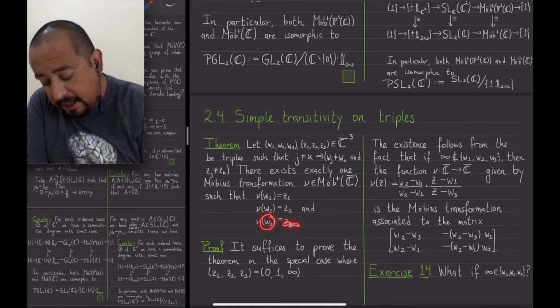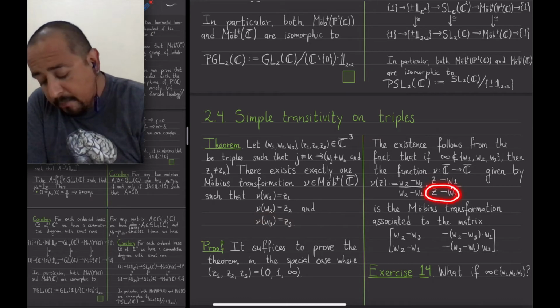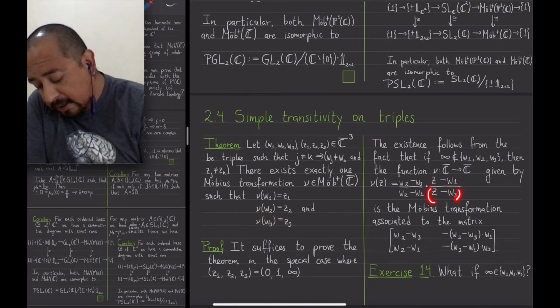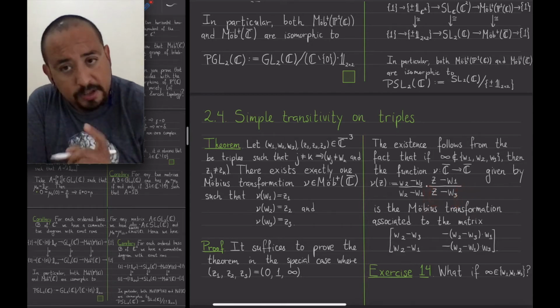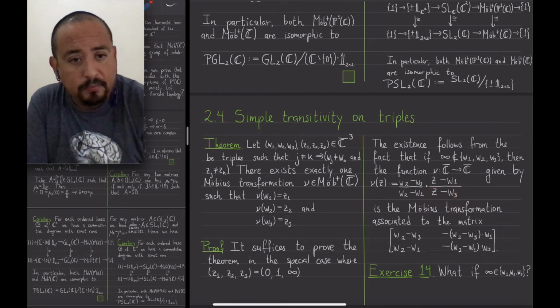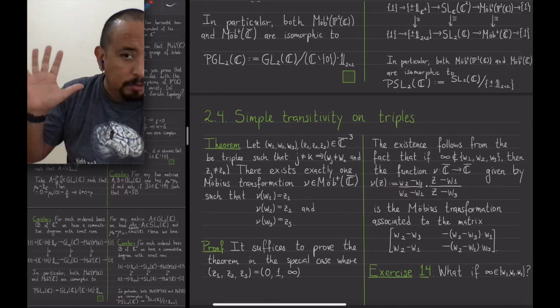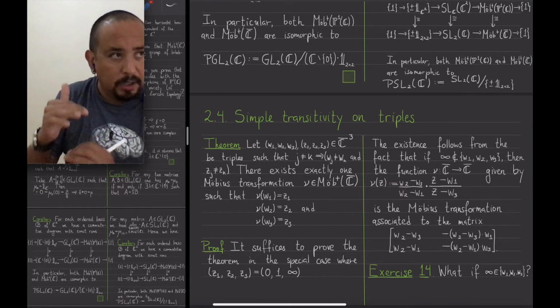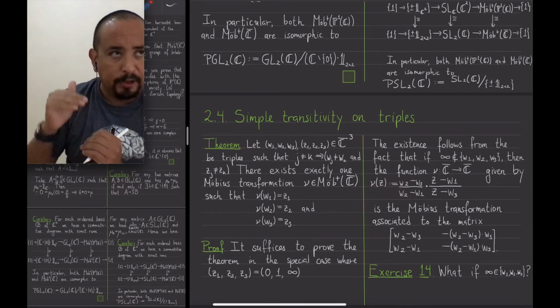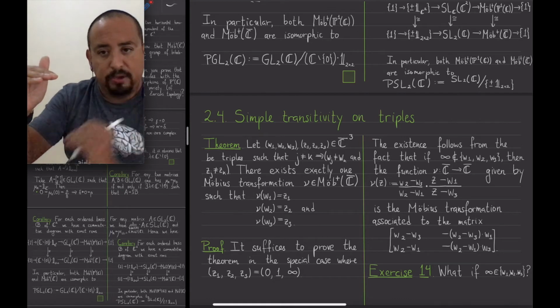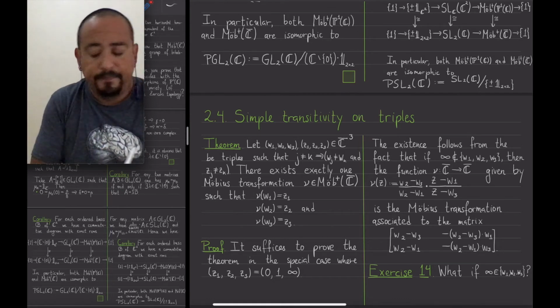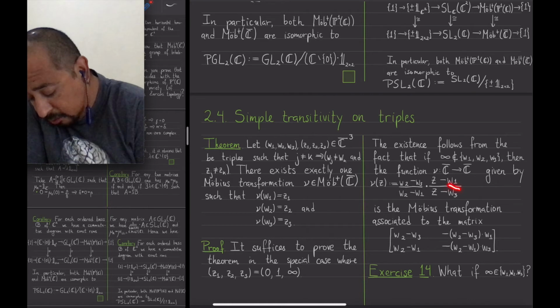Divide by Z minus W3. You can say divide by this squared or whatever, which also works, sure. But we also keep in mind that we want a Möbius transformation. So we don't forget that we want something of degree 1 divided by something of degree 1 in Z. Okay, so that's how we start.